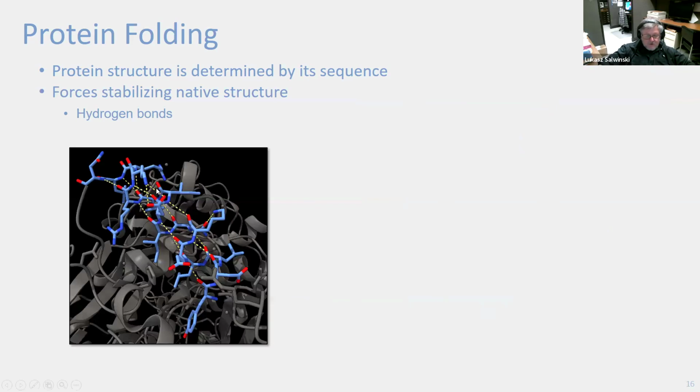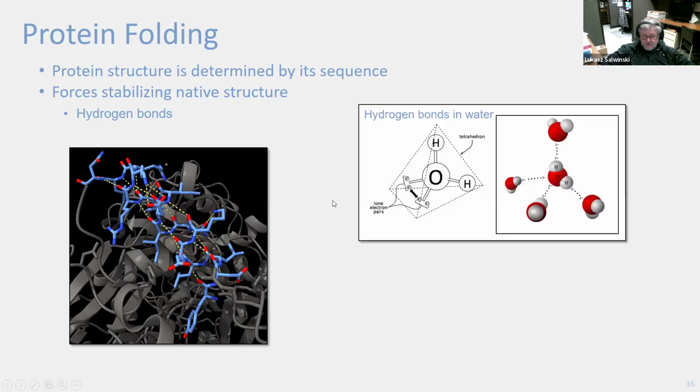I mentioned quite a few times that secondary structural elements are stabilized by hydrogen bonds, which are analogous to what water molecules do when interacting with each other.